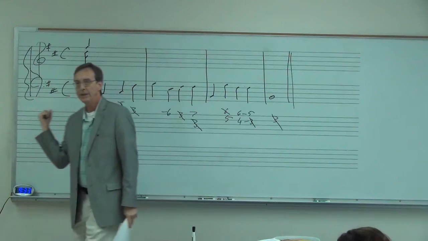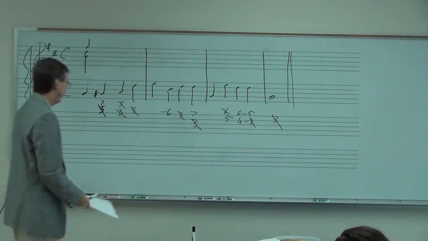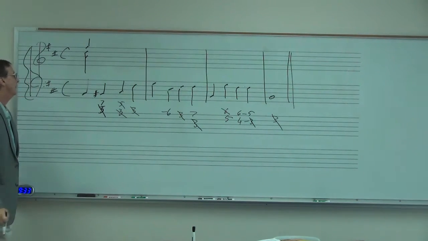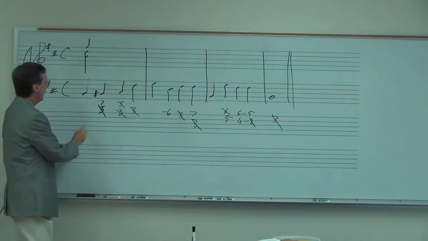Okay, do you recognize this as the same example you did on your homework, except in a different key? Without the Roman numerals? All right. What's our first decision here? Well, figuring out what we got.